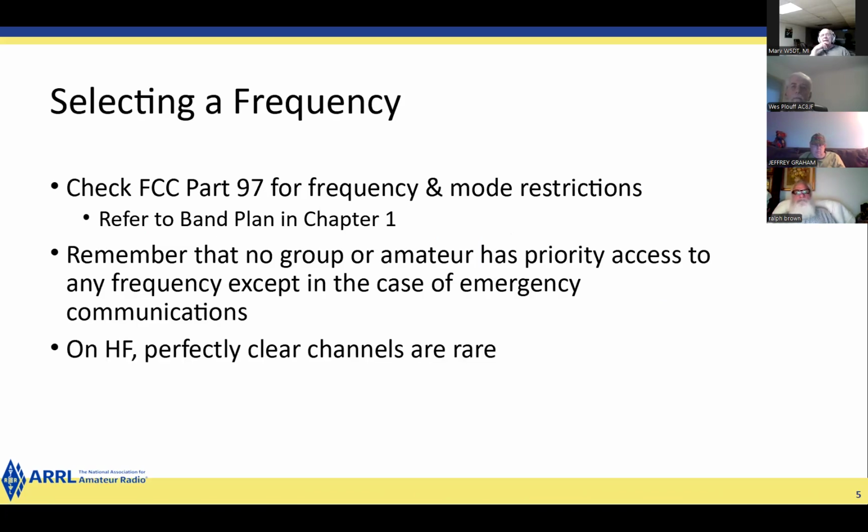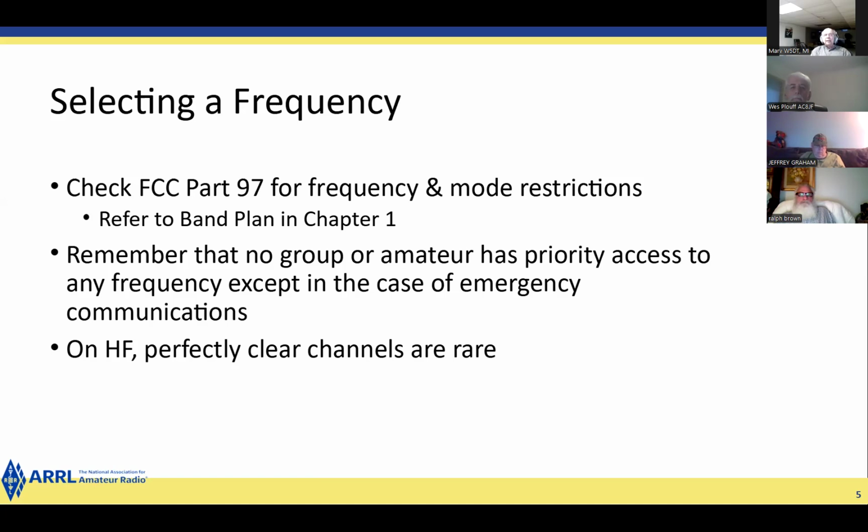Again, nobody has a priority right to a frequency. They might claim that they do, but they don't.